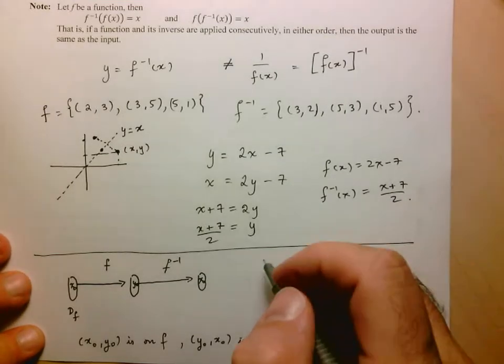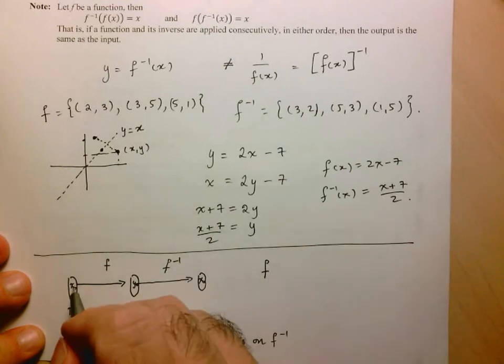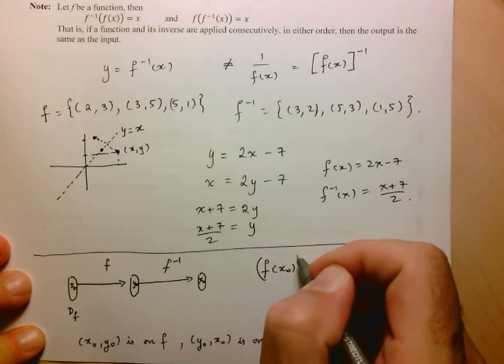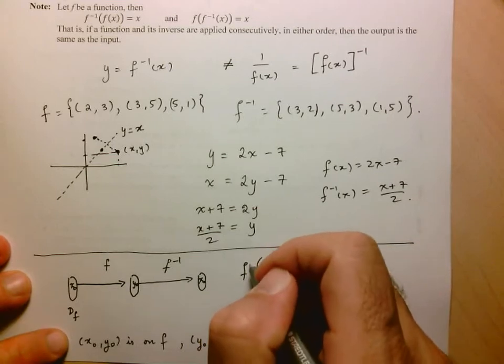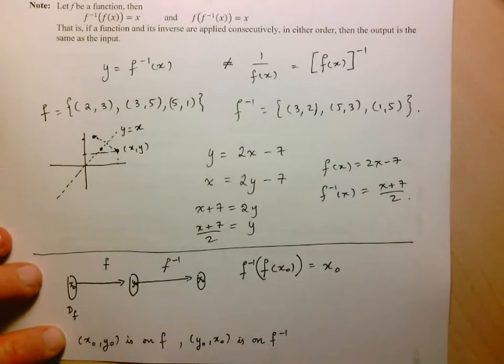In other words, if I take f and apply it to x naught, and then to this result I apply the function f inverse, I get right back to my original input.